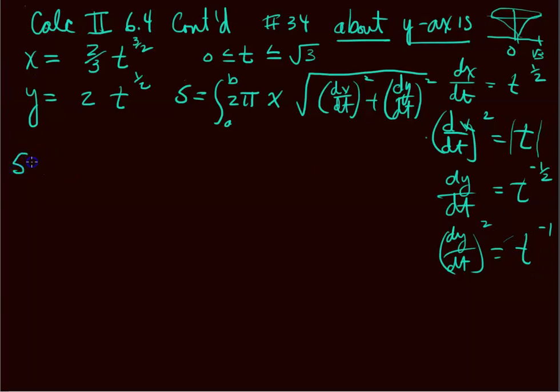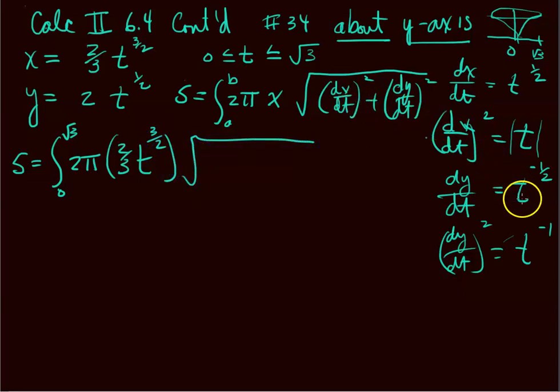So we're going to take our s. This is going to go from 0 to the square root of 3 of 2 pi, not x, but 2/3 t to the 3/2, times the square root of t plus 1 over t, dt. We don't need the absolute value because t is always positive.